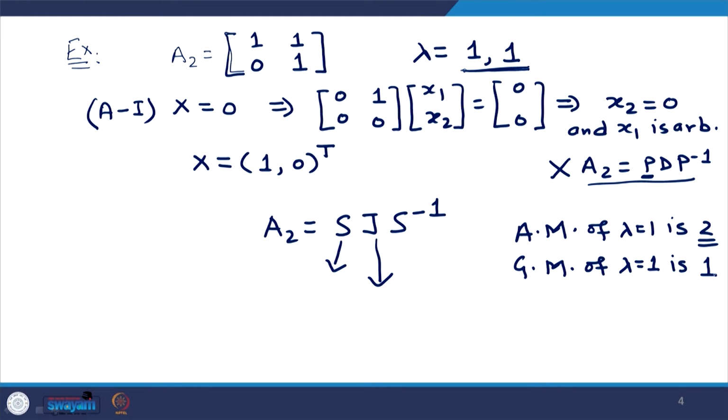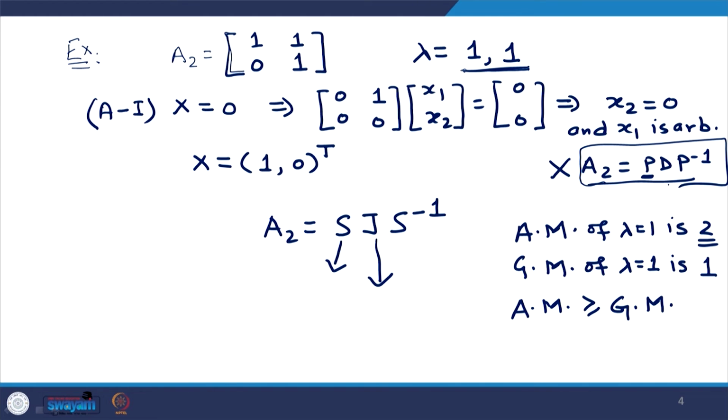So algebraic multiplicity is the count of repetition of eigenvalues, while geometric multiplicity is the number of corresponding linearly independent eigenvectors. Here you can notice that the geometric multiplicity never exceeds the algebraic multiplicity.